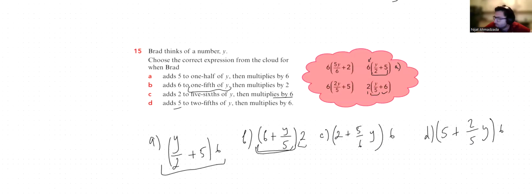So this is part B. Part C, we have 6 times 2 plus 5 over 6 y. So this is part C. And part D, 6 times 2 over 5 y, plus 5.